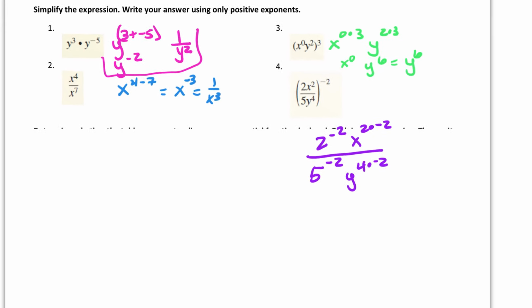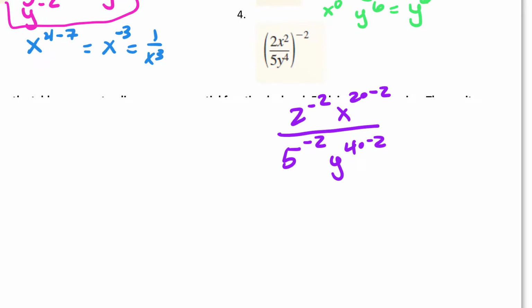Now, 2 to the negative 2 is 1 over 4, and x to the negative 4 would be x to the fourth on the bottom.